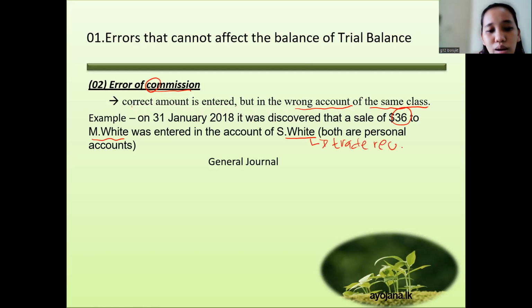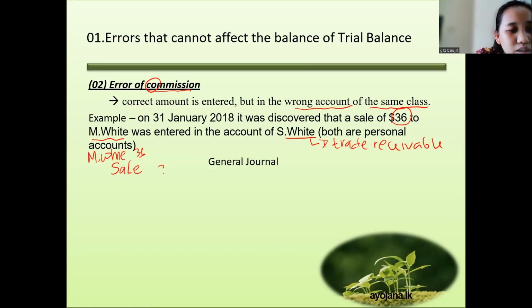Remember how to analyze a transaction, right? So the right entry: whenever sales increase, we put it on the credit side, and M. White on the debit side, $36.